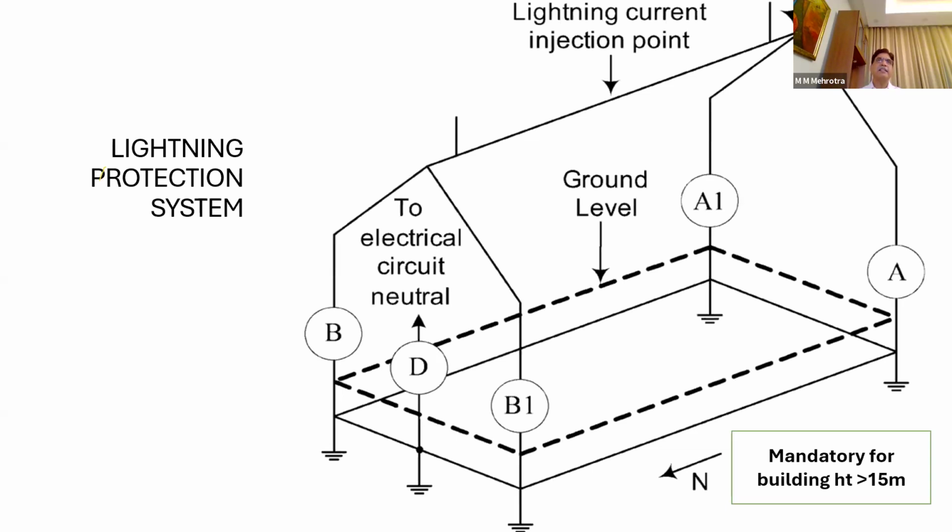Lightning catches the highest live part first. There is a lot of energy in lightning, lakhs of kilovolts. Wherever it finds a path, a lot of heat will be generated and everything will be burnt.